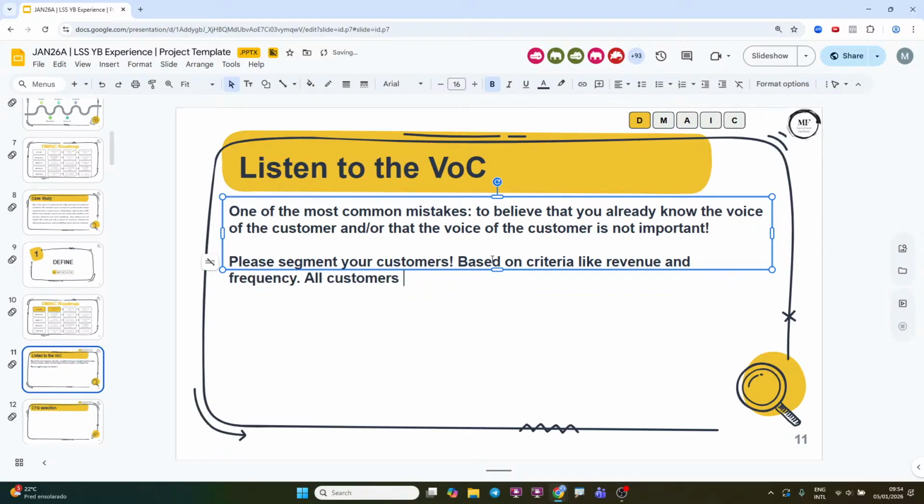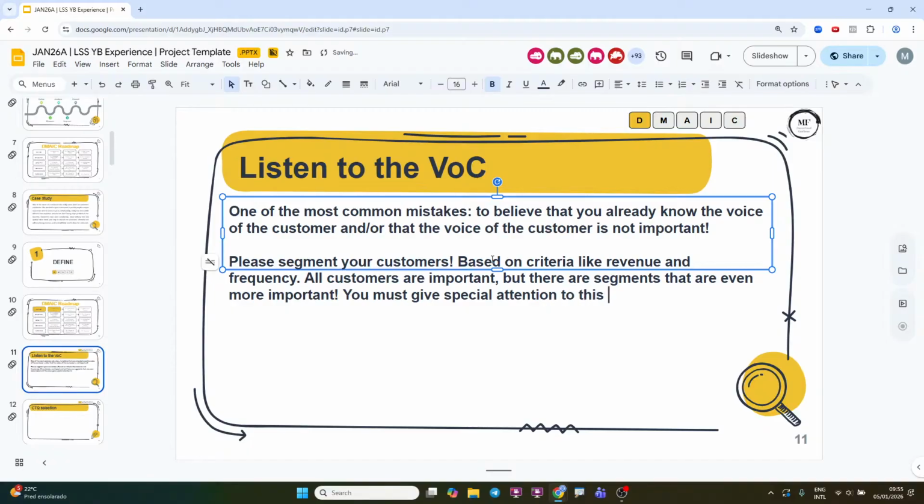All customers are important, but there are segments that are even more important. You must give special attention to this segment, okay?